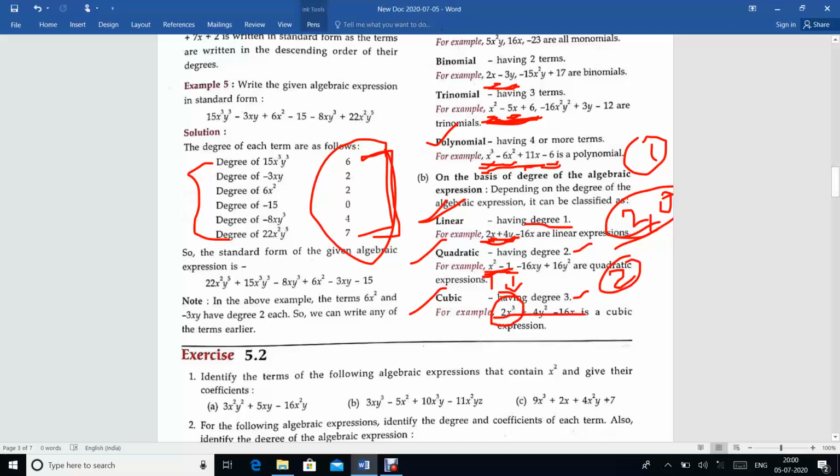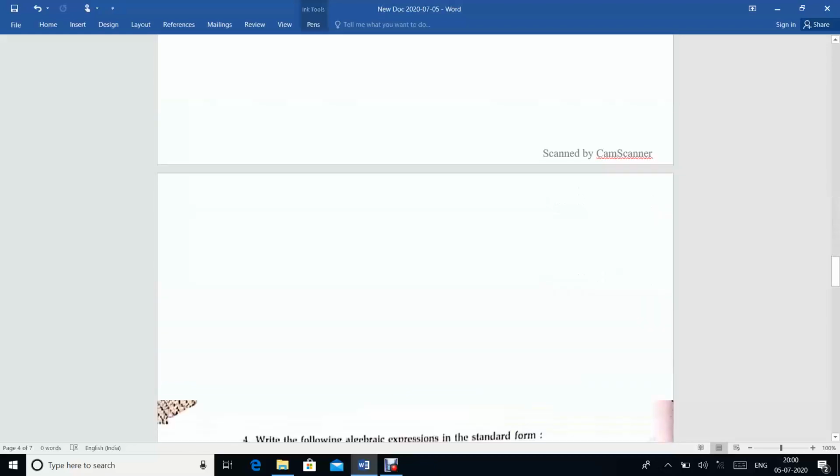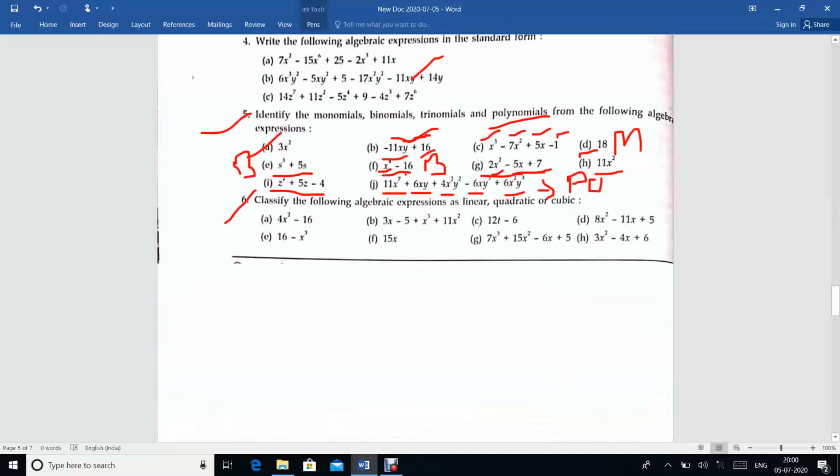See the question from your book exercise 5.2. Question number 6. Classify the following algebraic expressions as linear, quadratic or cubic. See, here are two terms. First term is containing 2 degree and second term contains only 0 degree. So 2 will be the higher power, so it is quadratic.